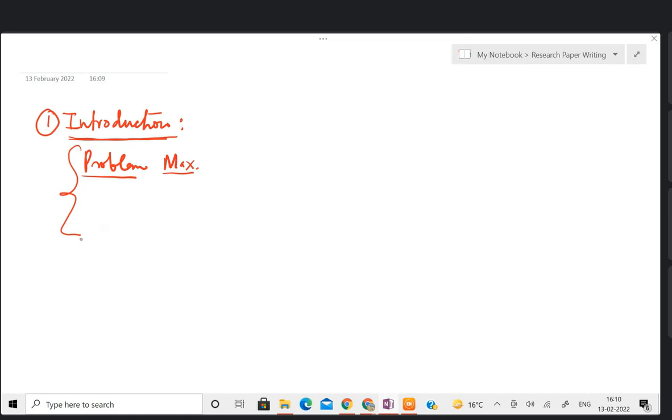Then the next part, you have to mention the contribution of various researchers. So what are the various methods? One of the methods I told you is hill climbing. One more thing I forgot to tell you is that the problem is not that simple.